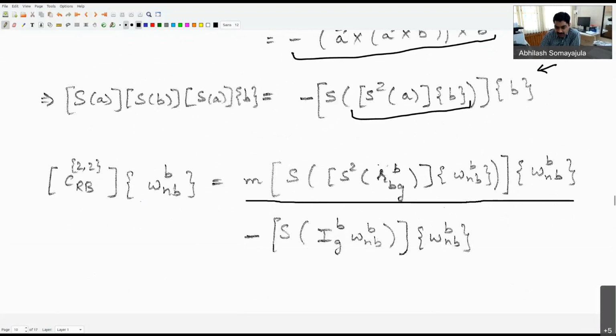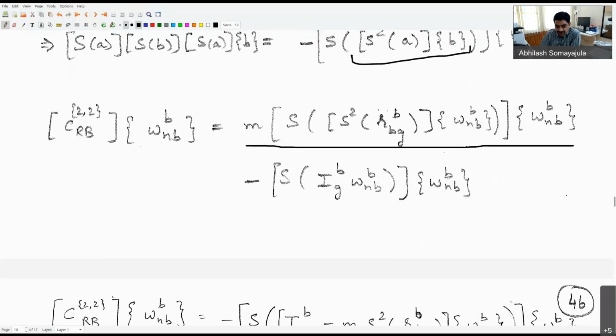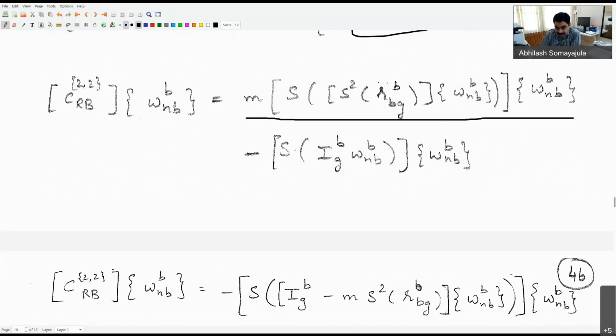Everybody still with me? Yes, sir. Okay, now you see, can I write this thing as the two terms are being post-multiplied by omega nB, so I can take a common factor. I'm forming a skew-symmetric matrix due to this vector, and then a skew-symmetric matrix due to this vector.